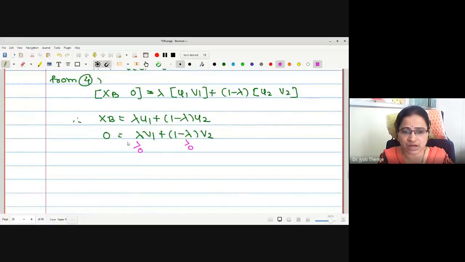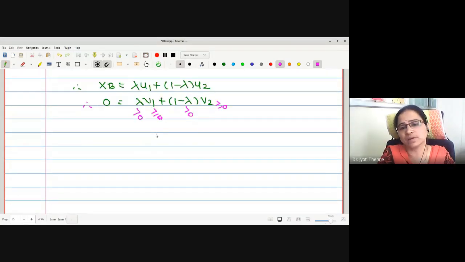Therefore, may I say v1 is non-positive? v2 is also non-positive, but the resultant is 0. When could this be possible? For which two values of v1, v2 does this product give me a 0 value?